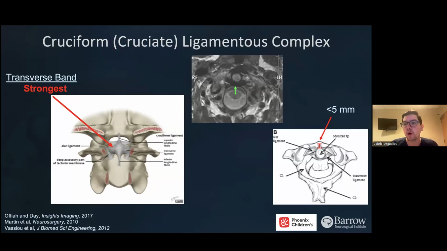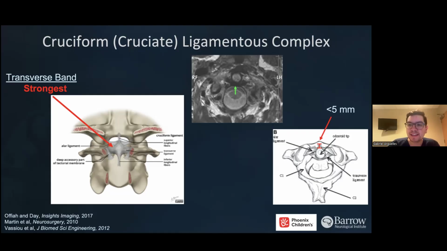This is really what holds the dens in place, and it prevents the dens in flexion from impinging on the medulla or the cervicomedullary junction. You can see that it inserts at the medial tubercles of C1, and it wraps behind the dens.